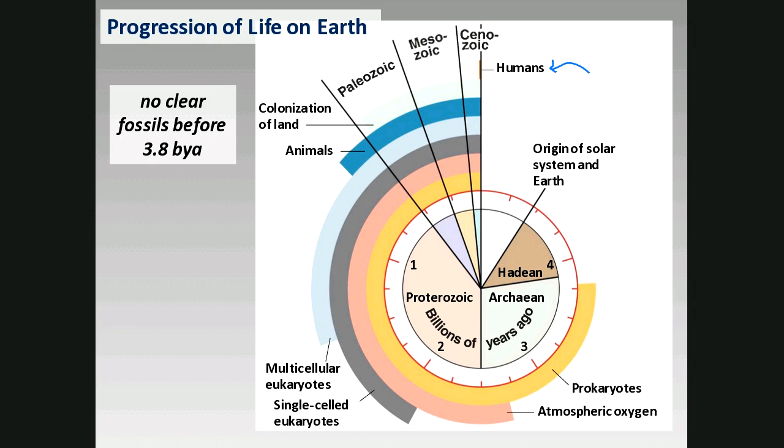But those organisms evolving and dying, those are small, soft organisms. They're soft critters, so they don't fossilize well. So there's no clear fossils before about 3.8 billion years. I mean, that's pretty close back to the beginning, but life may have begun more than once, started and stopped.